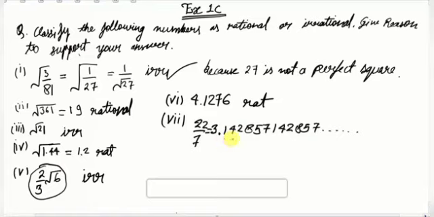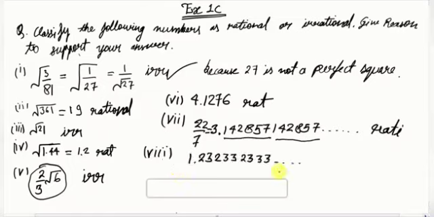It is non-terminating, but it is recurring. Here the period is 142857. So 22 by 7, which equals 3.142857 and so on, is a rational number. But recall that the actual value of pi, 3.1415, is an irrational number. This is the approximate value.